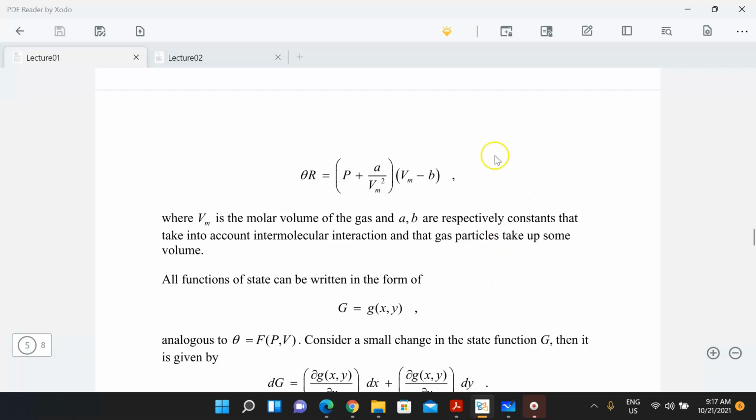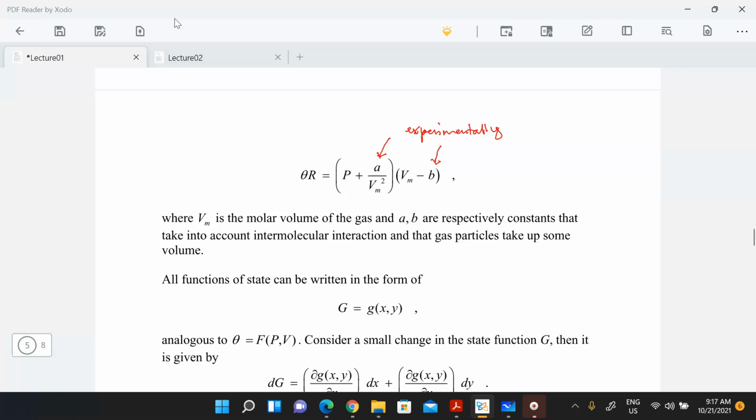So this is the van der Waals equation. Over here you can see there is this constant A and a constant B, which can be determined experimentally. What are the constants supposed to be?